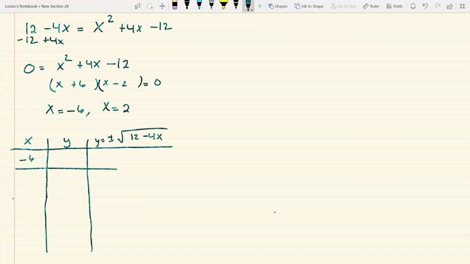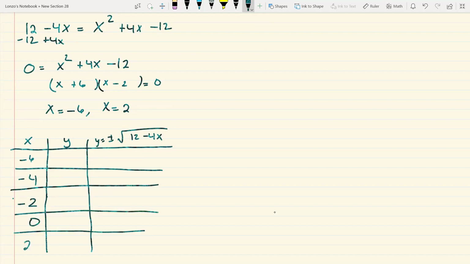I guess we can also use negative 4. And then we can also use negative 2. And then we can also use 0. And then also stop at 2. Okay, so this is y equals x, by the way. So if we plug in negative 6, your output is negative 6. Over here, this is negative 4. Over here, this is negative 2, 0, and positive 2.